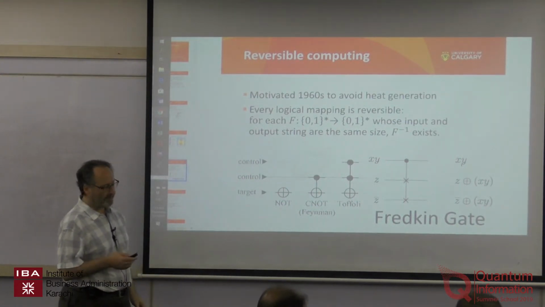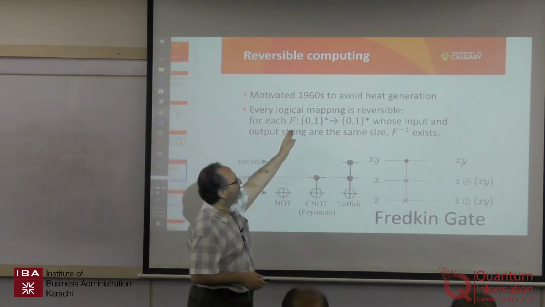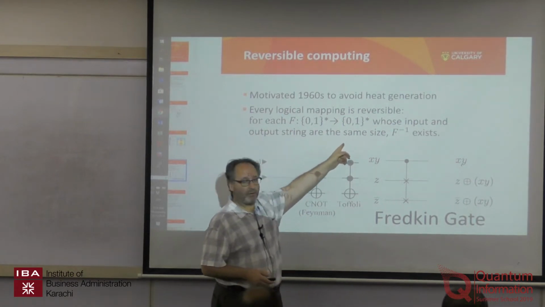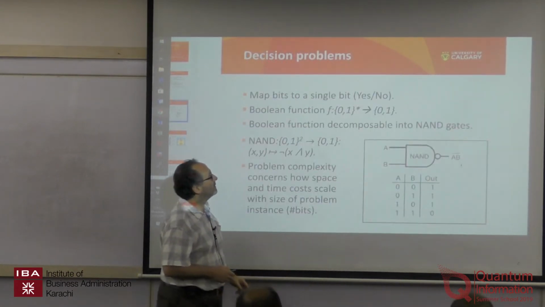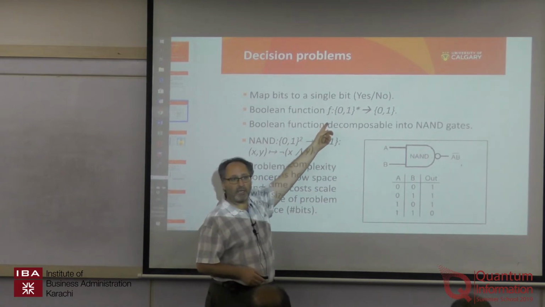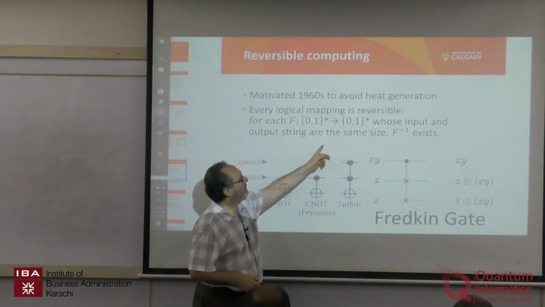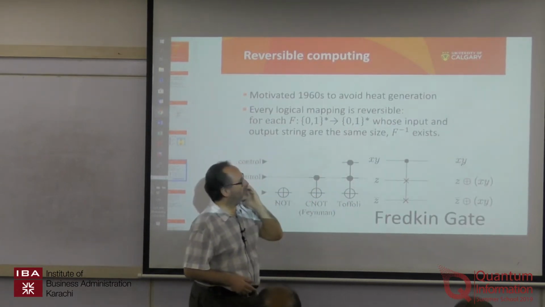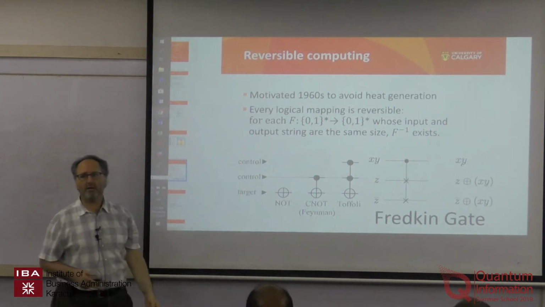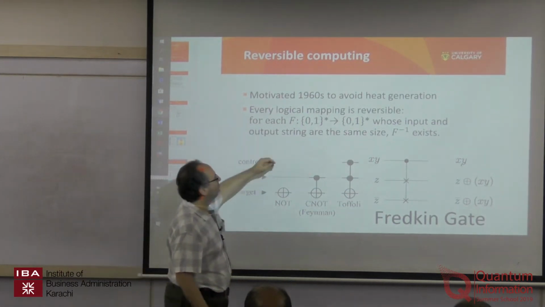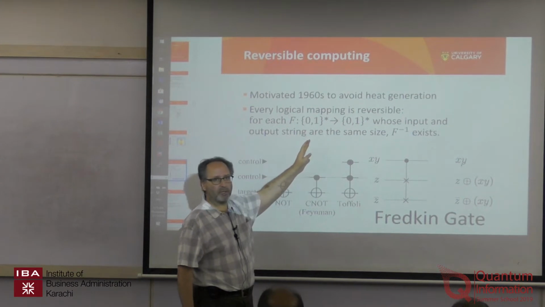Okay, so the idea here is that given any Boolean function, there's a way to embed it into reversible computing, and it's kind of trivial. Basically, reversible computing is simply permutations.